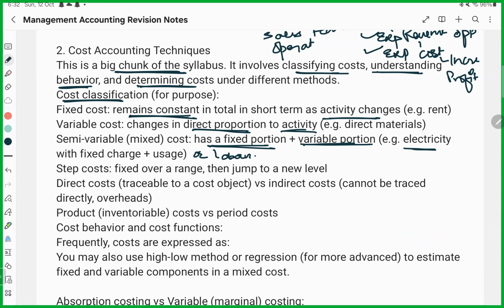Let's say my labor charge says that irrespective of whether manufacturing is happening or not, I have to pay rupees 600 per day to the labor. And plus, if manufacturing is happening, they will charge rupees 5 per unit.